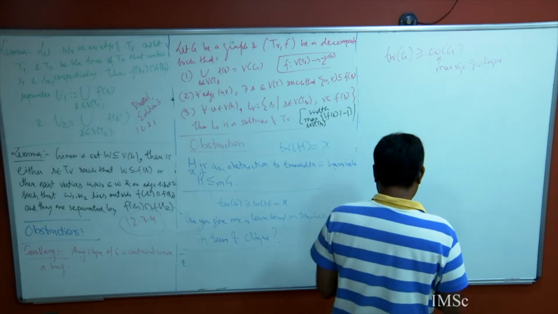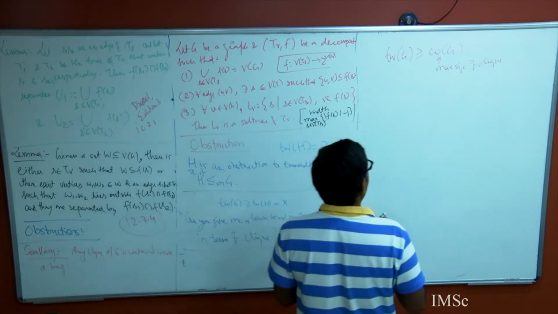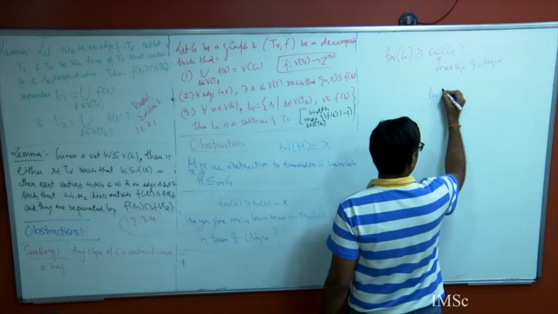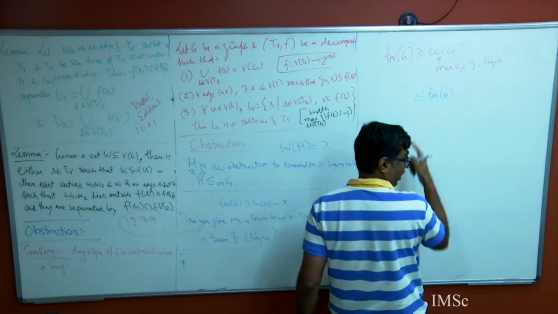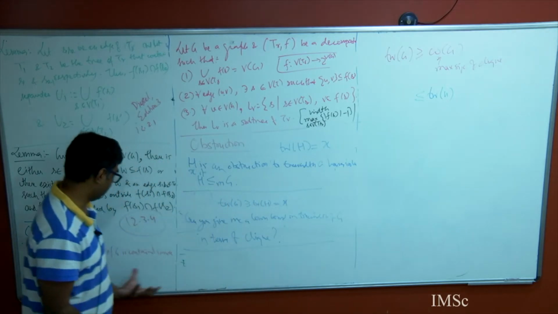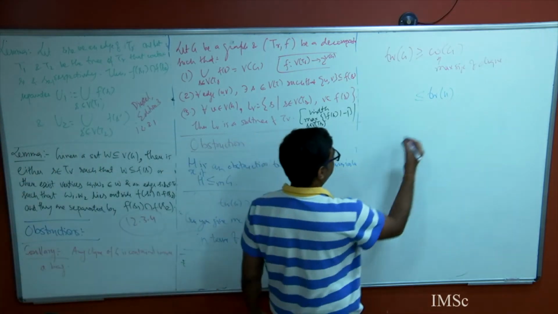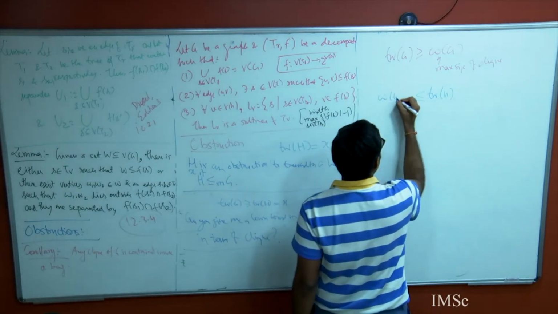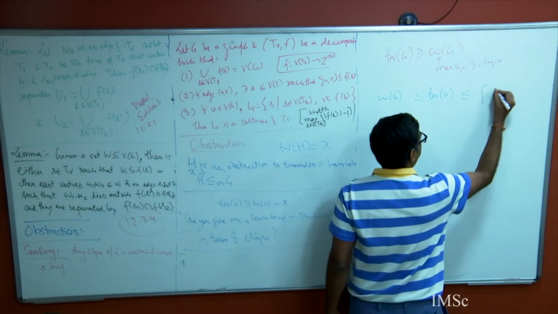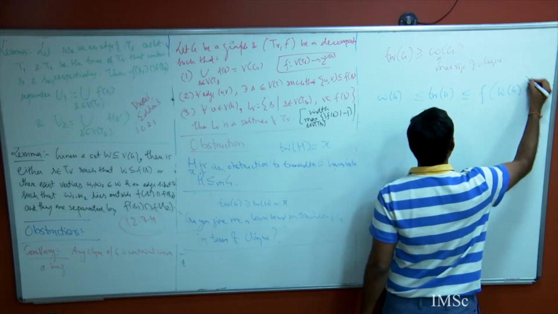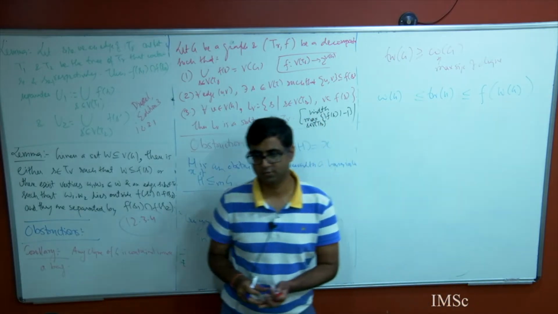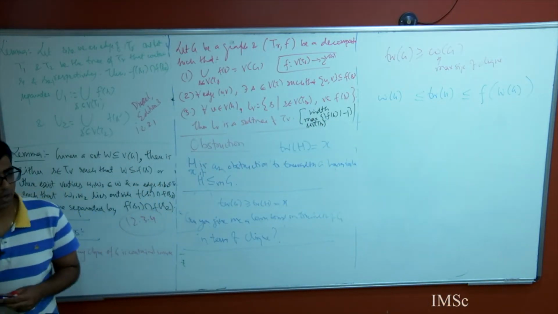So suppose, we just now learned the treewidth of G is at least omega of G. Why? Because if you have a clique, then it must be in some bag because of this corollary. Can I say this is a function of the clique number of G, upper bounded by this?